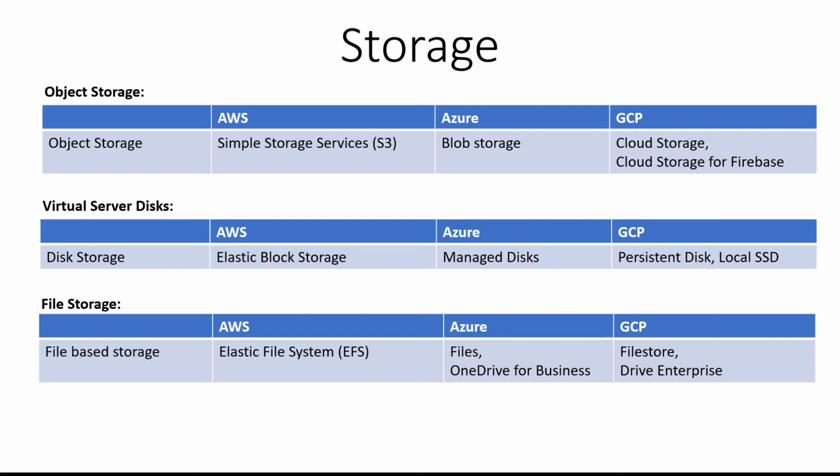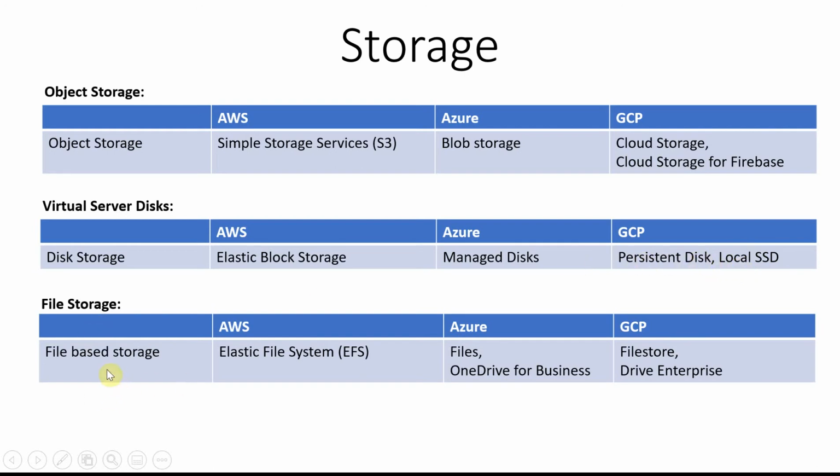You can attach or detach anytime and reattach to another VM. So it is completely like a hard disk. In that category, you have these three options. In GCP especially, with the local SSD, the data will be gone if you clear the cache. But if you want permanent storage, then Persistent Disk is your solution.